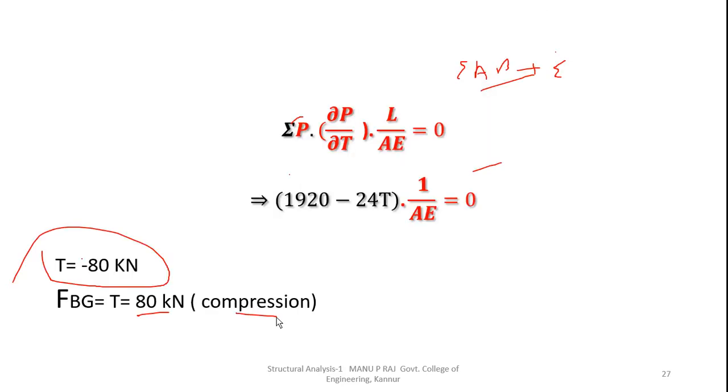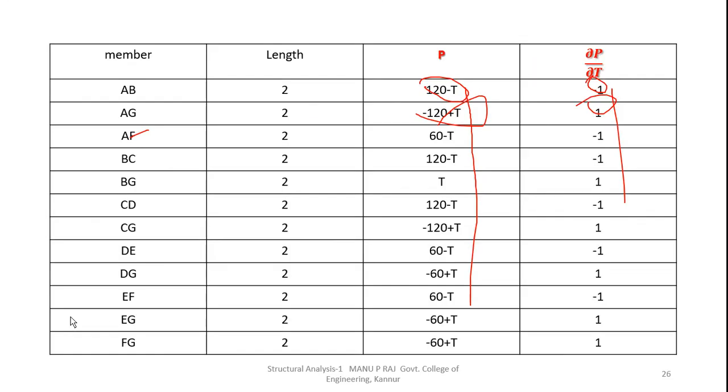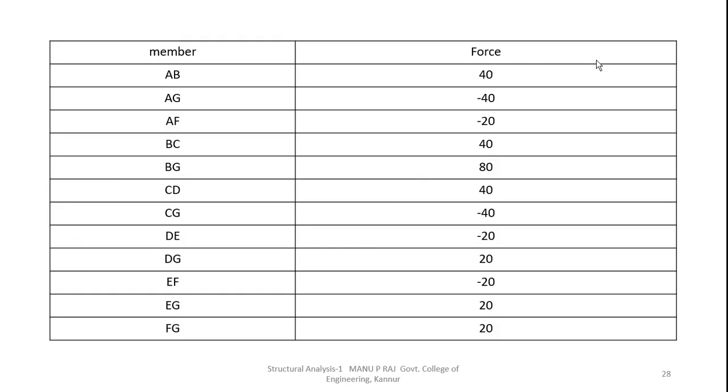Now substitute the value of the member force in BG, or T, in all other members. For AB, substitute the value of T and we will get the force in AB. Like that, substitute for all other members and tabulate the result. We will get the member force in all other members. This is force in kilonewton.